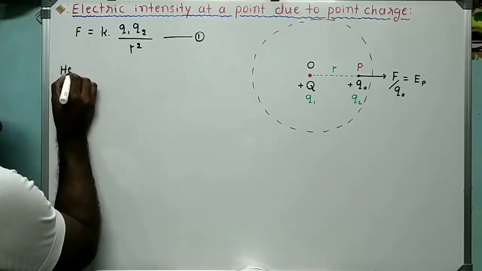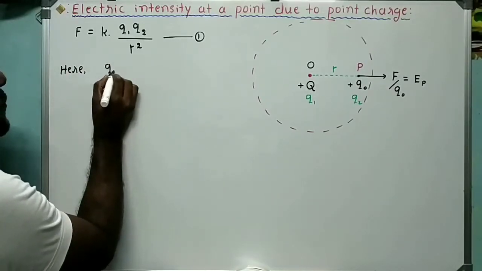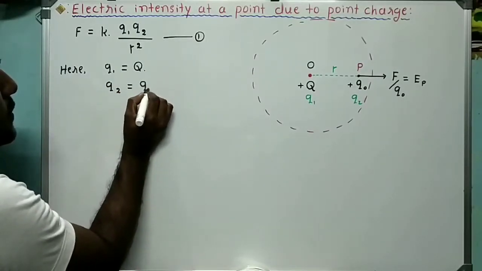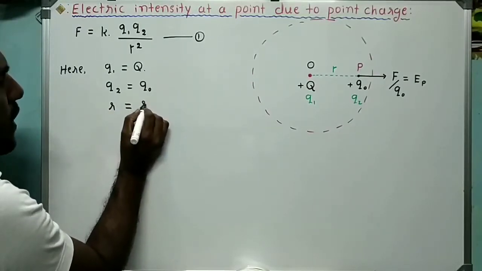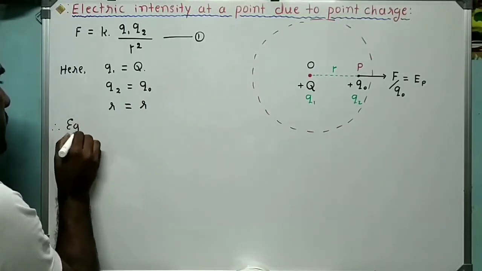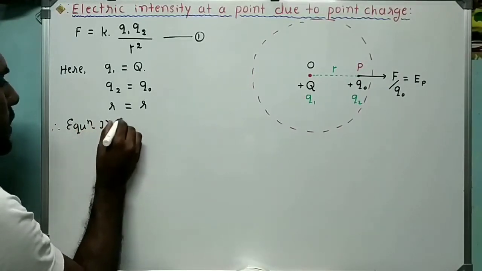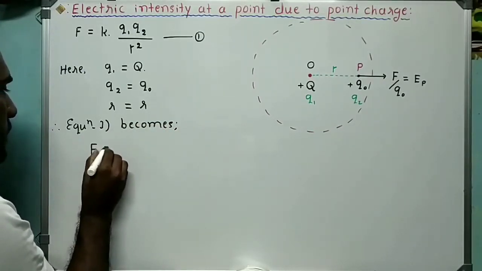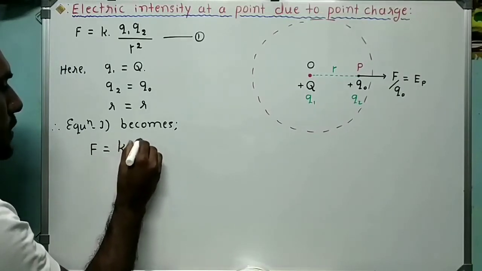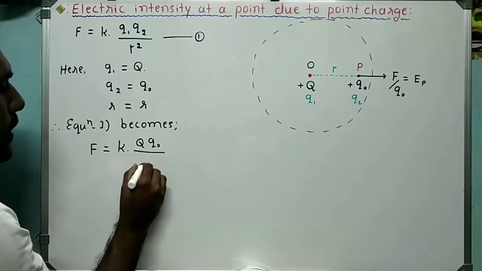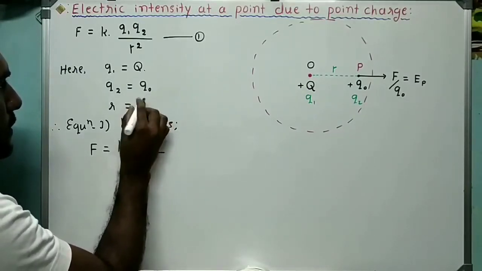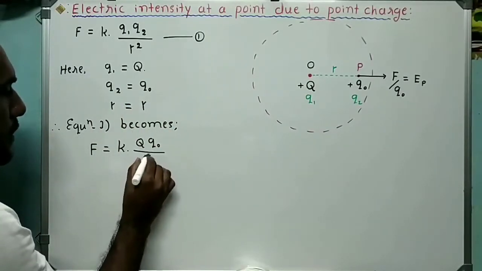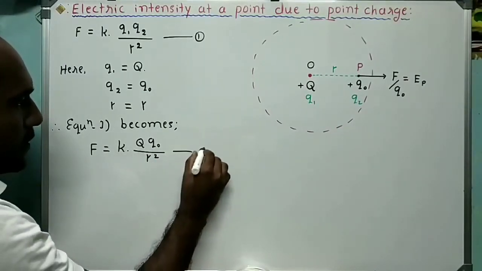Here Q1 is capital Q, and Q2 is Q naught coulomb, and the distance between Q1 and Q2 is R. Therefore, equation 1 becomes F is equal to K into capital Q into Q naught divided by R square, called equation 2.